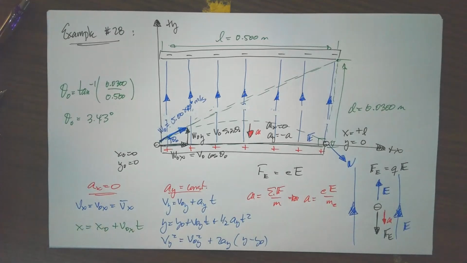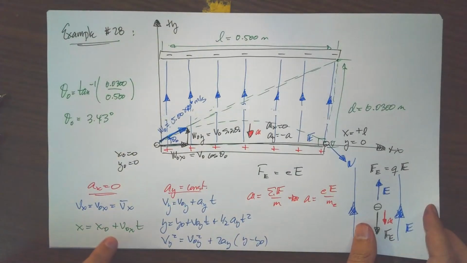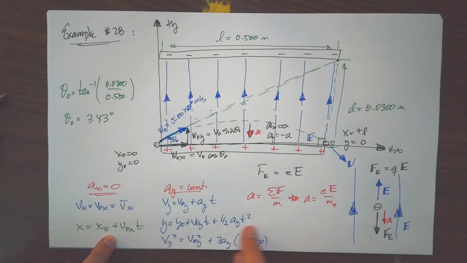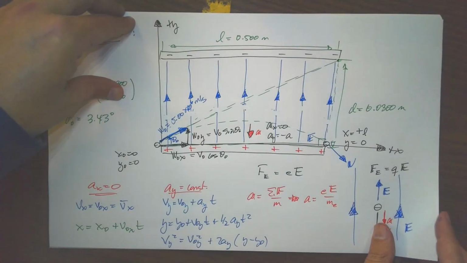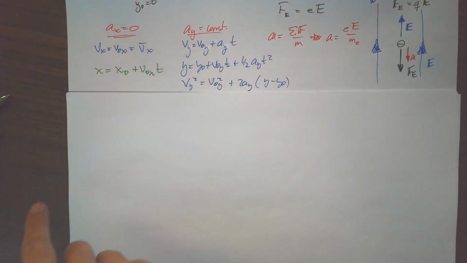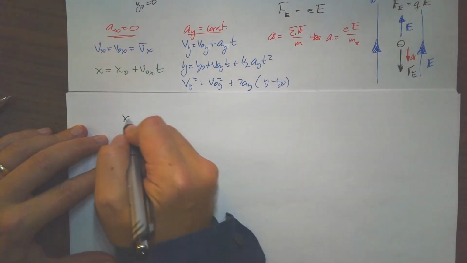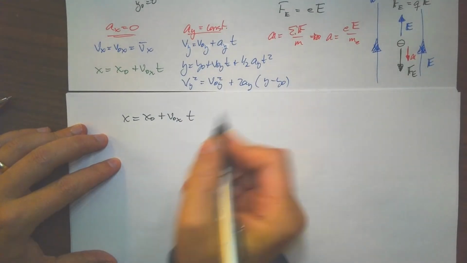Okay? So this is part B of the example. That's probably the only one I'm going to do. So let's take a look at the positions, and then I'm going to take the times loaded into the y equations and see if I can come up with an expression for the electric field magnitude. Okay? So let's look at these x equations. x is x naught plus V_0x times the time.